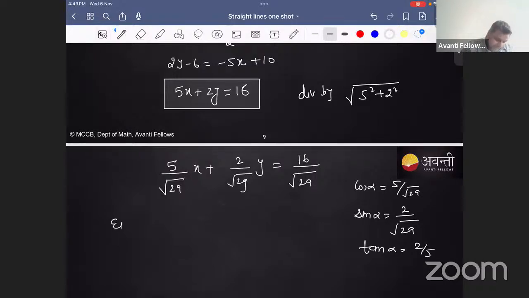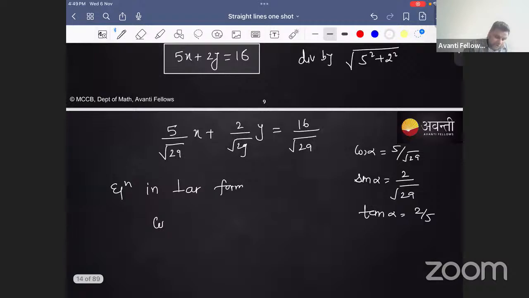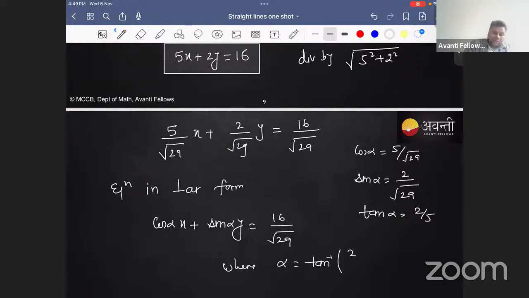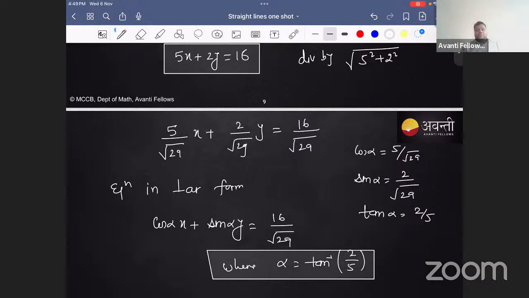So the equation in perpendicular form or normal form will be cos alpha into x plus sin alpha into y is 16 upon root 29, where angle alpha is tan inverse of 2 by 5. Am I clear? So this is how we convert the equation of a line into its normal form.